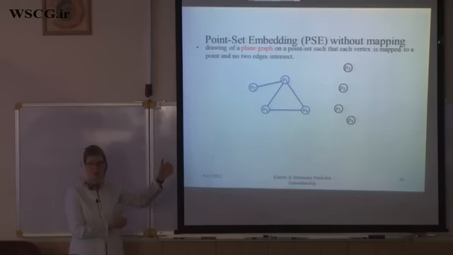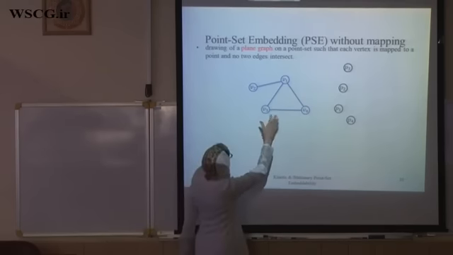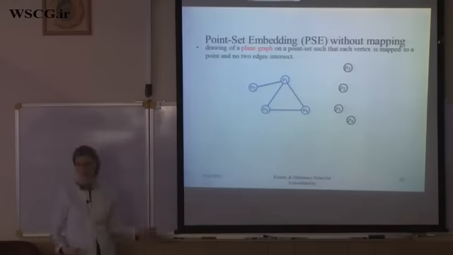It's just a drawing of this graph, a representational drawing, a cartoon drawing. But nevertheless, I'm interested in what the faces are. So I want V1, V3, V4 to be on a triangular face, and I want V2 to be outside that face. That's what I mean by an embedded graph.